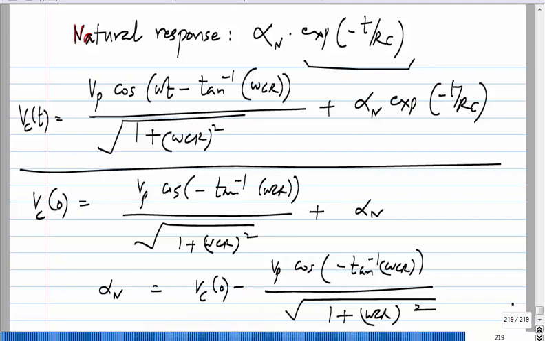Is this okay? I mean, if you take, let's say, the response to exponential j omega t with an initial condition Vc of 0, and the response to exponential minus j omega t also with an initial condition of Vc of 0, the sum of these is not the response to cos omega t with an initial condition of Vc of 0, right?